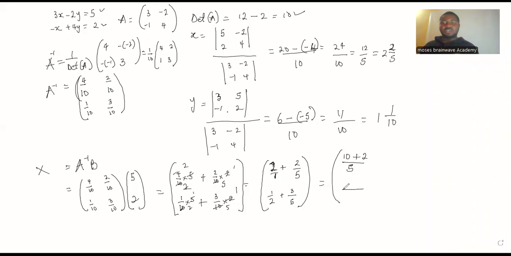So the LCM here should be 10. 2 into 10 should be 5. Then plus 5 into 10 is 2. 2 multiplied by 3 should give us 6. So you see here, we also have 12 over 5, while here we have 11 over 10. You see, basically, it's the same result over here. We can break this down to 2 and 2 over 5. Similarly, here is 1 all over 10.